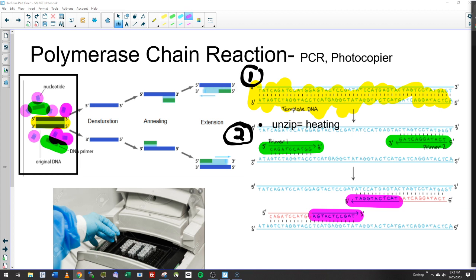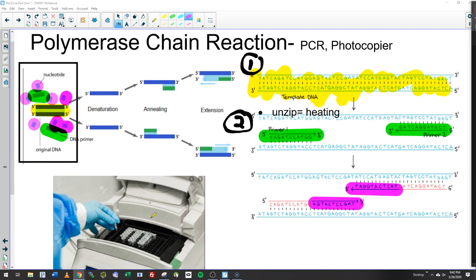Okay, so in order for you to build DNA, one of the things that we learned earlier in the year is that during DNA replication, you need to have a DNA polymerase. Now, the problem is that in this machine, called a PCR thermocycler, you need to heat up this DNA in order to unzip it.